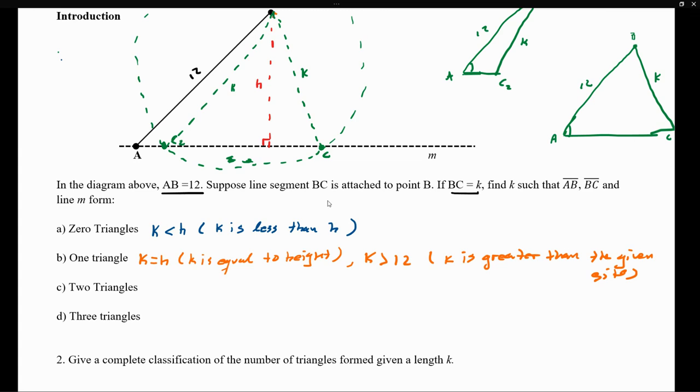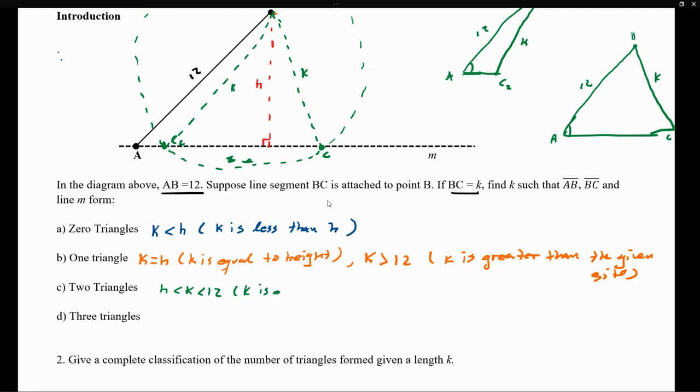So we could also have two conditions. We could also create two triangles. And that is true whenever, first, this K needs to be greater than the height, because if this K is less than the height, we already showed that there is no triangle. But also at the same time, it must be less than the given.